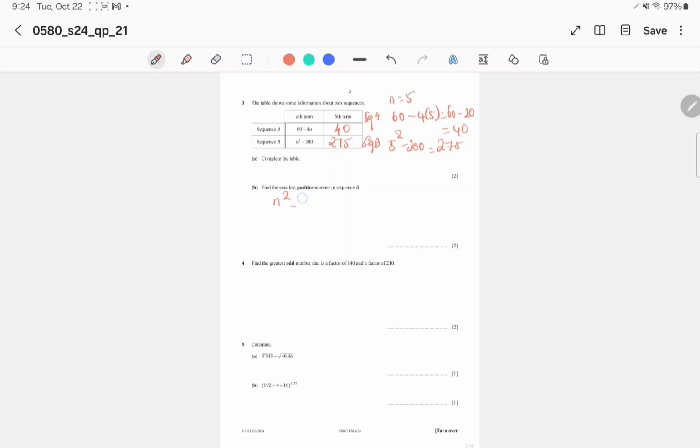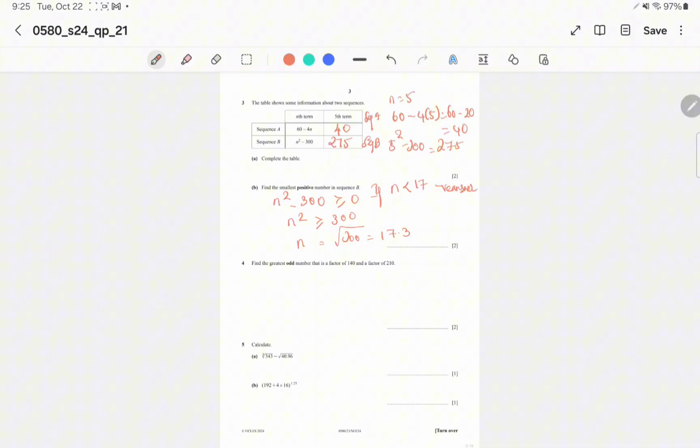So n squared minus 300 is less than or equal to 0. We will equate: n squared is less than or equal to 300, or n is equal to the square root of 300. Approximately it is 17.3. So if n is less than 17, all the values below will be negative answers.